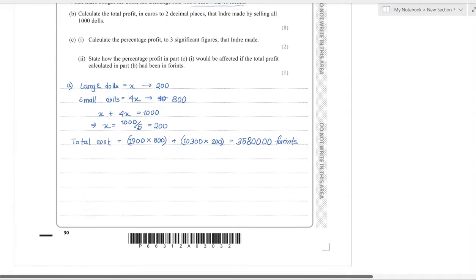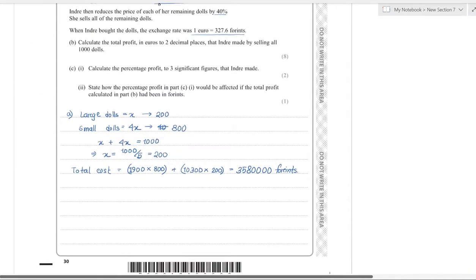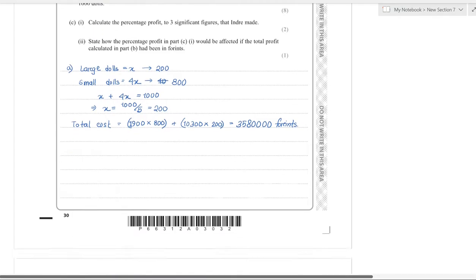And moving to part C2, state how much profit in part C1 would be affected if the total profit calculated in part B had been in forints. So percentage profit would always be the same, doesn't matter if you calculate the profit in forints or in euros or in dollars or in pounds. It really doesn't matter. The percentage profit will be the same in every unit of currency.